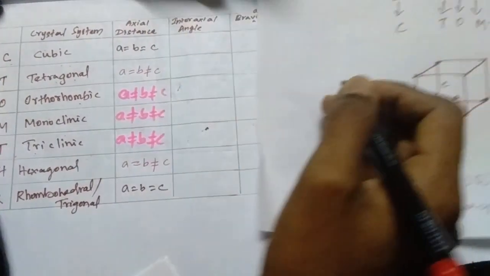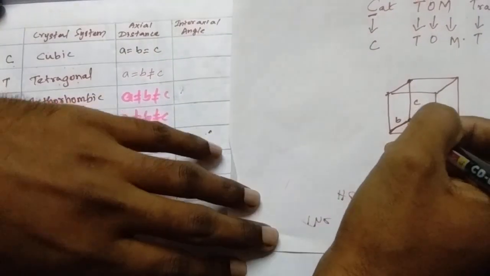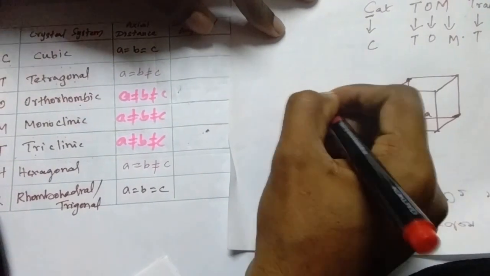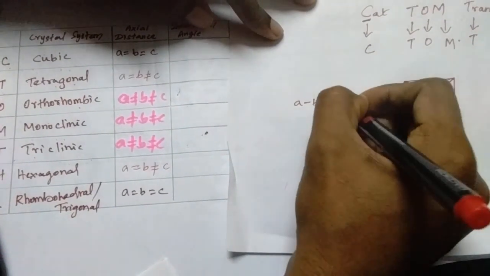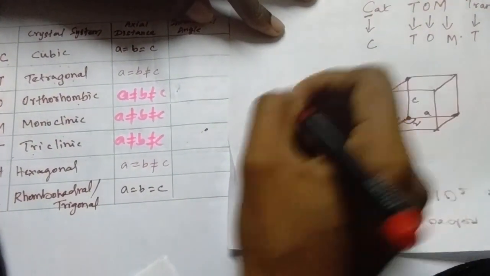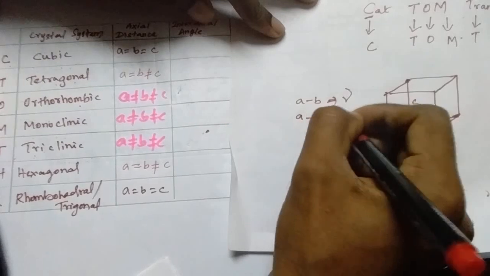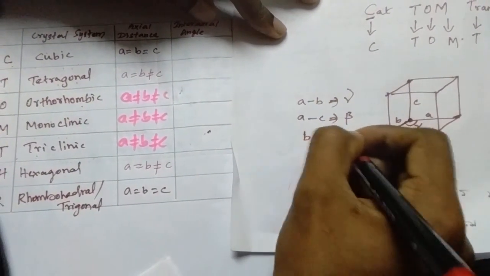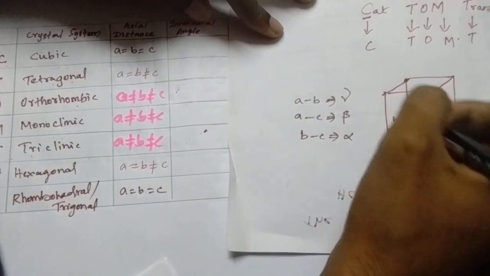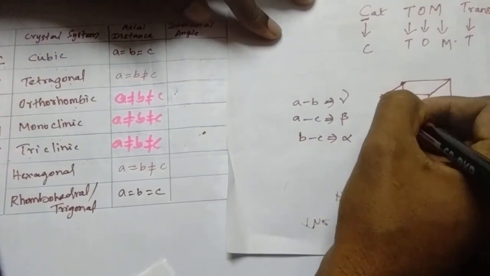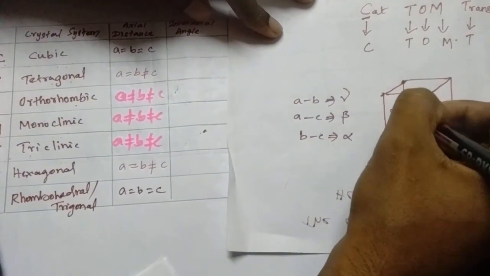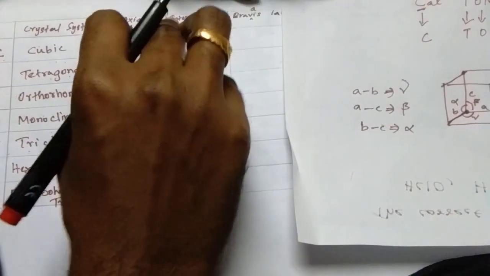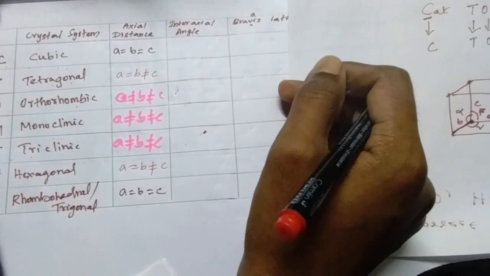Then the interaxial angle. Interaxial angle means the angle between the axes. The angle between A and B is gamma, between A and C is beta, and between B and C is alpha. Based on this, we can write the interaxial angles.